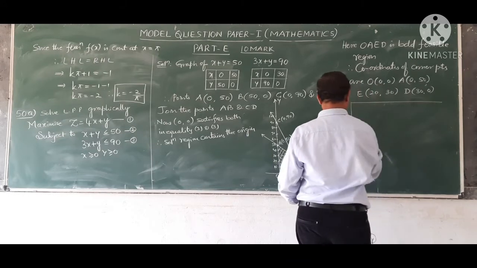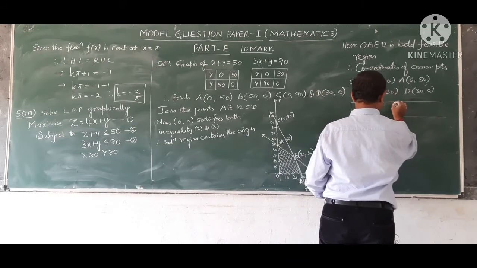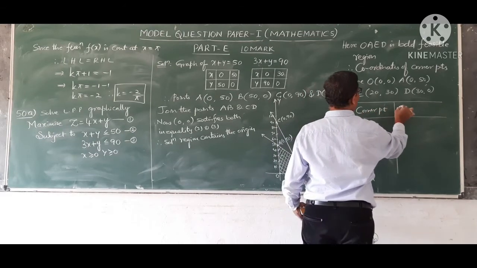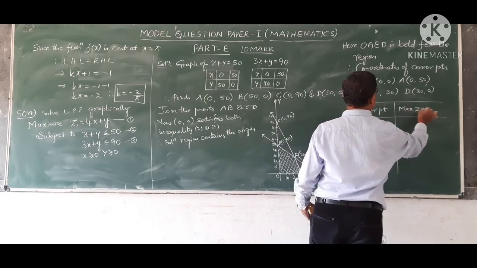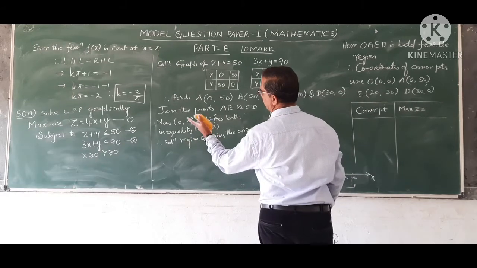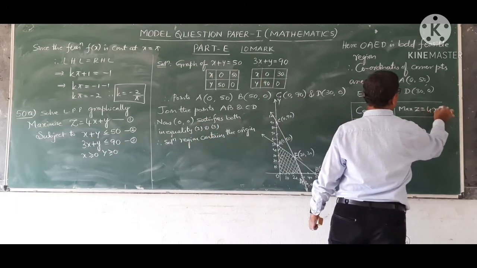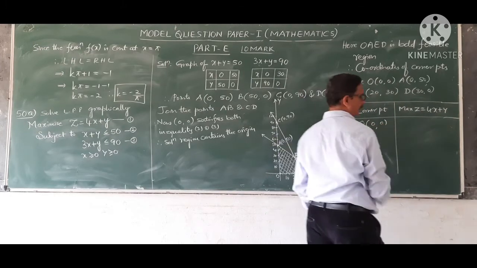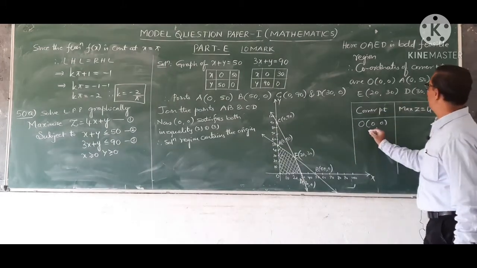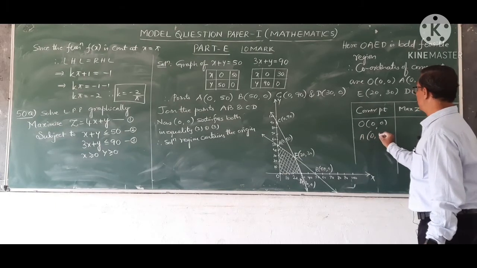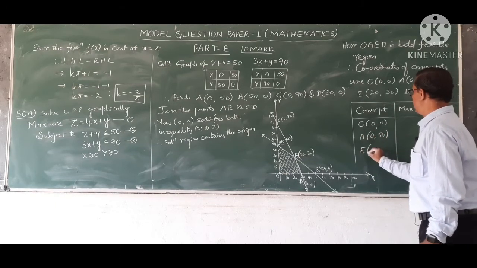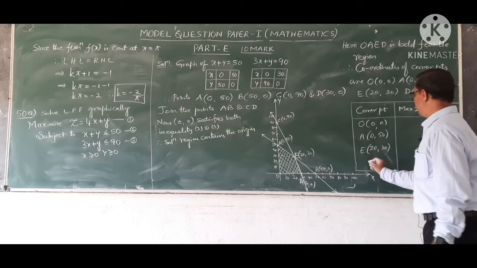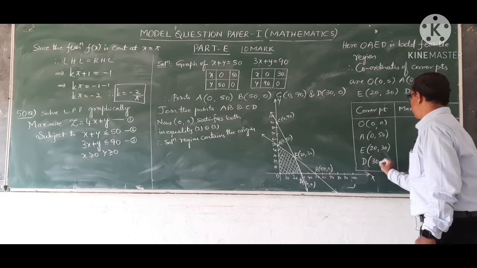Now to maximize, take the corner points and maximize z is equal to 4x plus y. First corner point origin; second corner point A is the point 0, 50; E is the corner point 20, 30; then D is the corner point 30, 0.